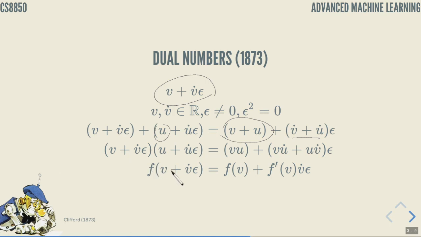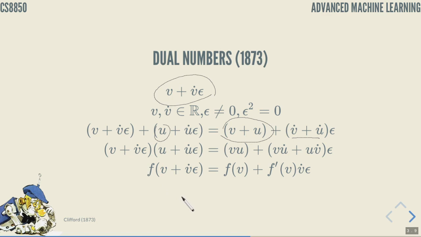Okay, let's do the product. Let's multiply u times v, and when you cross multiply those two terms, you get epsilon squared, which is 0. It cancels, and look what you got. You started with two dual numbers, and you got another dual number, with the real part, or non-differential part, I don't know what it's called actually. But this is the product rule, just emerged from the way Clifford cleverly constructed the dual number. And then other rules emerge as well.